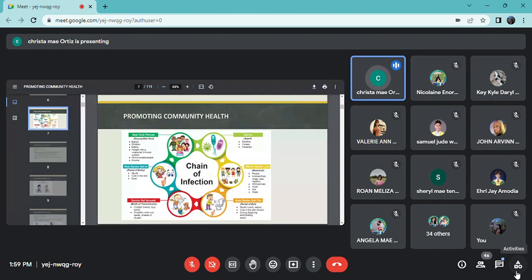Pero I'm not saying na totally hindi na madapuan ni COVID. Pwede pa rin madapuan ni COVID, pero not that serious ang case nila kapag madapuan sila ni COVID. And aside from that, it could just be anyone. So it depends on the type of the parasite or the bacteria or the virus.